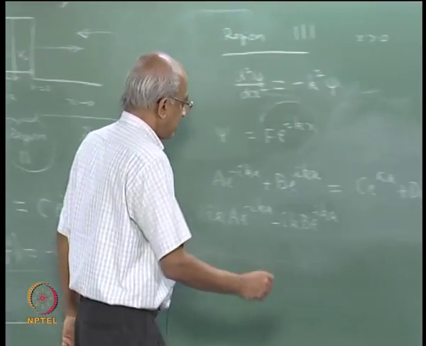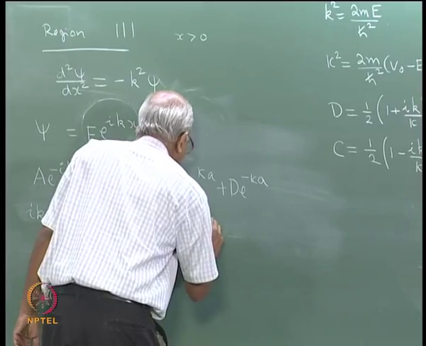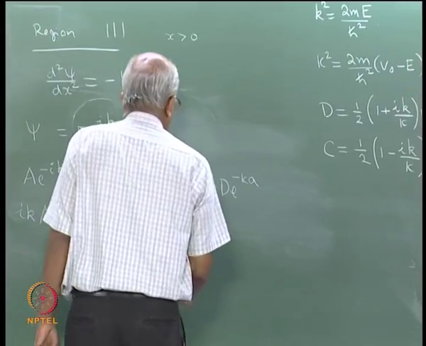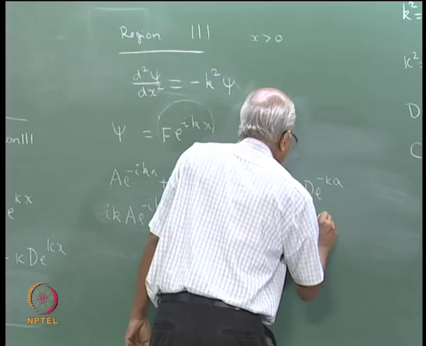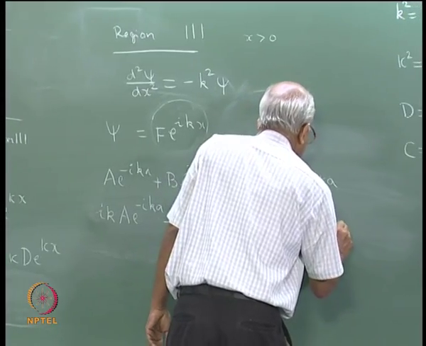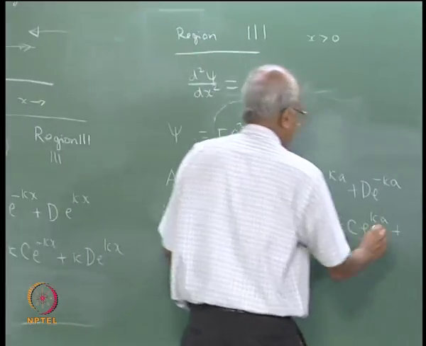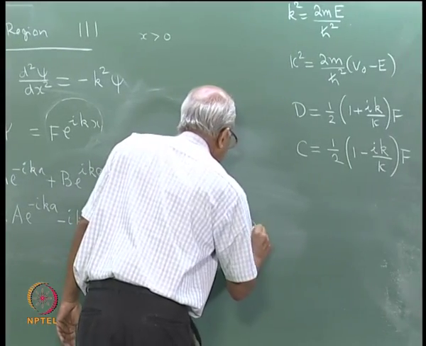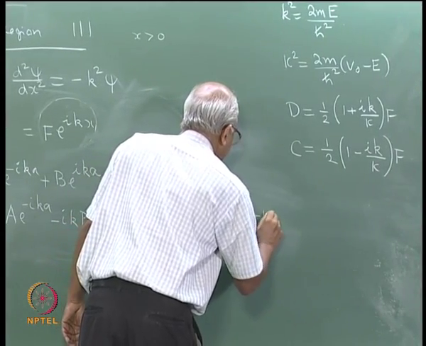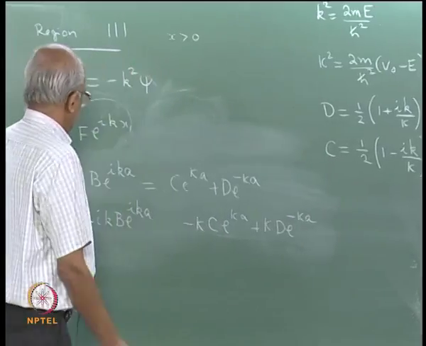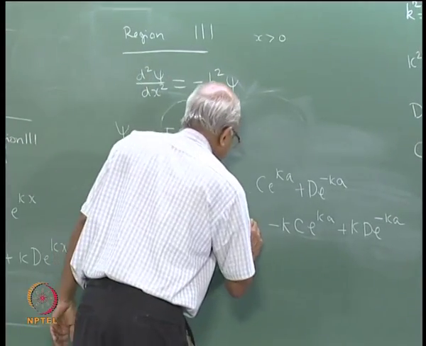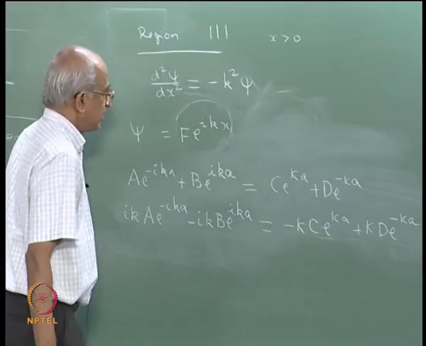The answer will be minus kappa c e to the power of kappa a plus kappa d e to the power of minus kappa a, and these two derivatives have to be equal because they are evaluated at the same point.